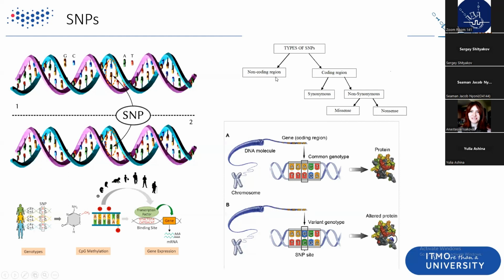You have SNPs of non-coding regions, which have almost no effect on the expression. Then you have SNPs in a coding region, and these are subdivided into two: synonymous, when the codon which is affected stays the same for the same amino acid, so the protein structure is not affected.